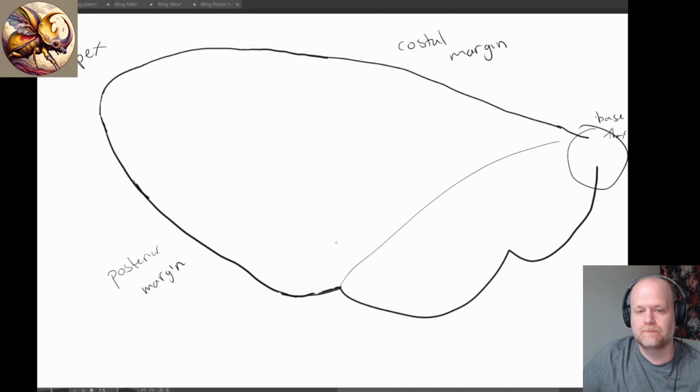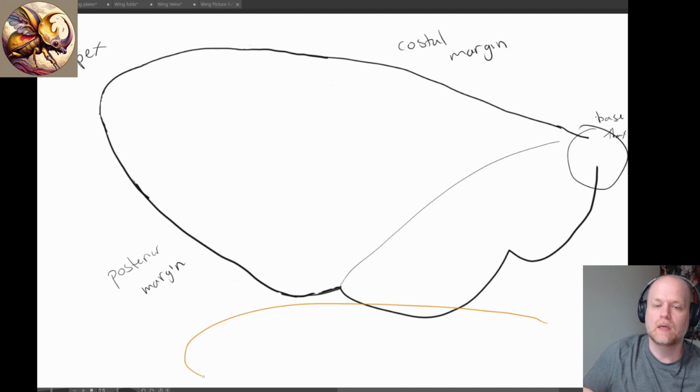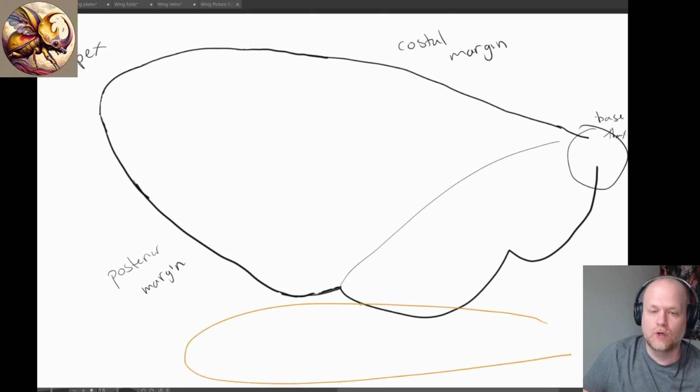So what frequently happens is that the wings are bound together by some mechanism. One of the more common ones is for the hind wing to have hooks on the anterior margin that hook to the posterior margin of the forewing. These hooks are called hamuli.